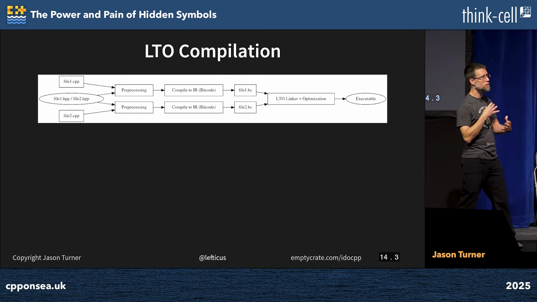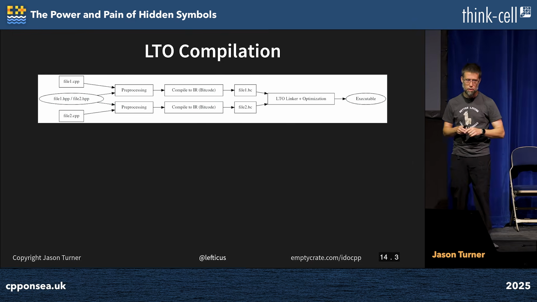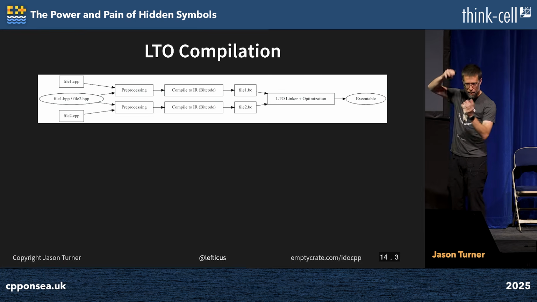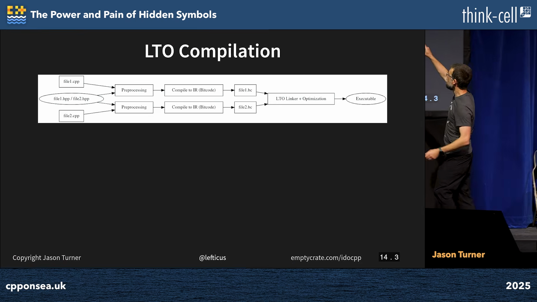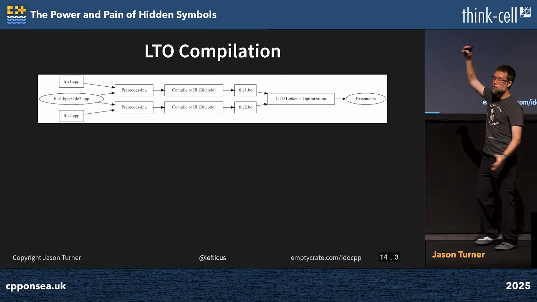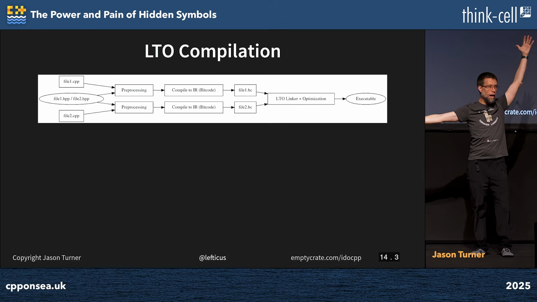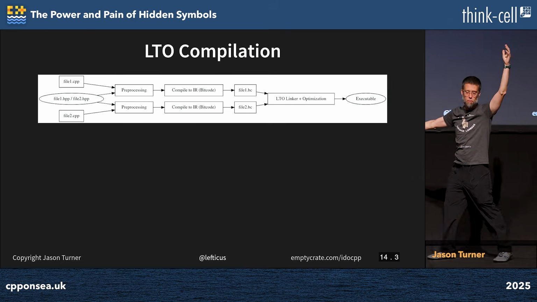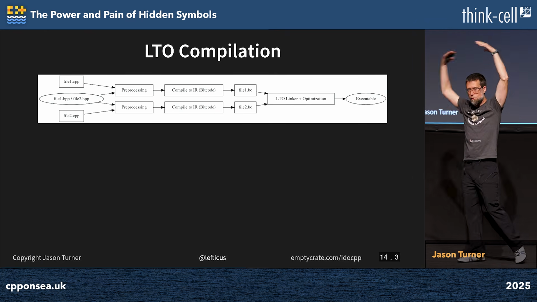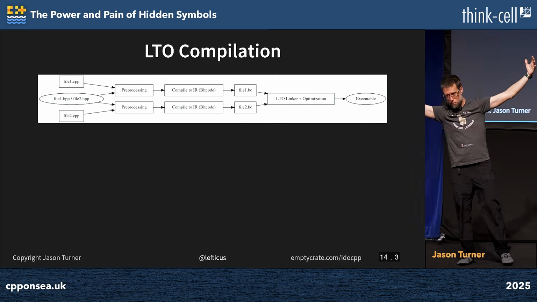There may have been some optimizations up to this point, but it's not an optimized executable. And then the linker takes this whole lot of intermediate representation files, merges them into one big thing, and then does optimization.